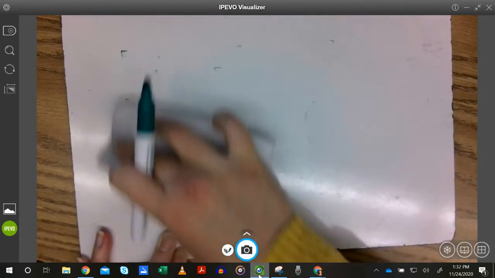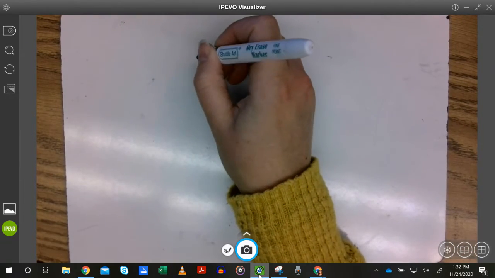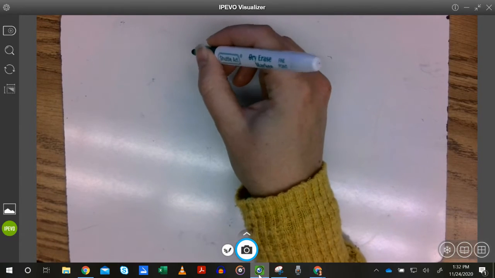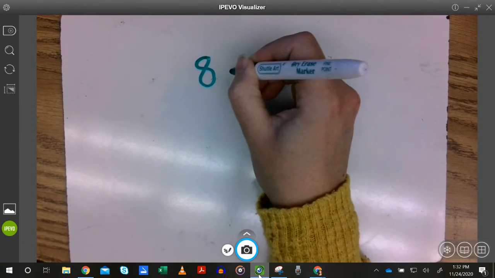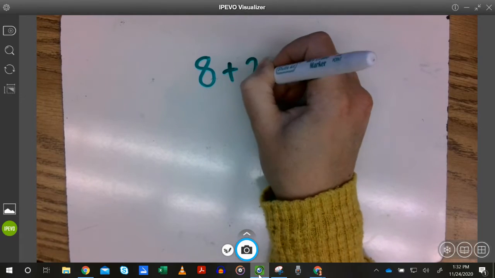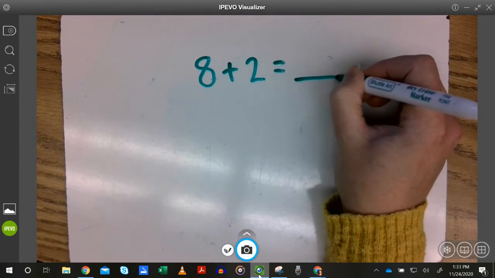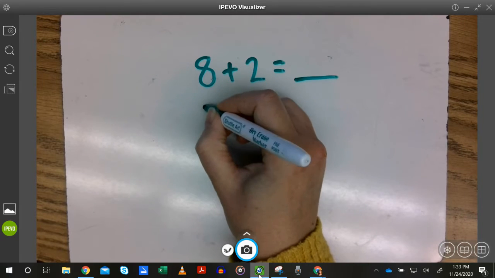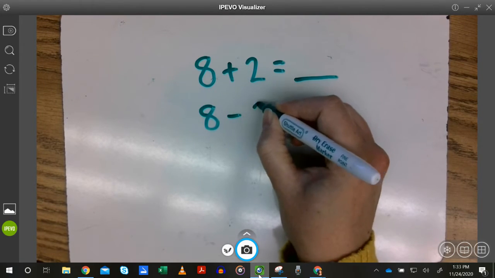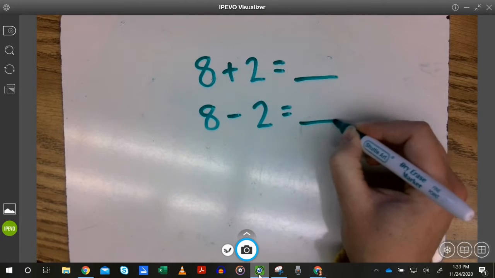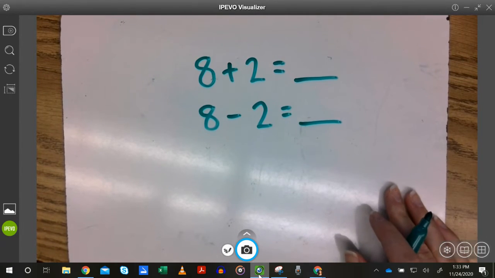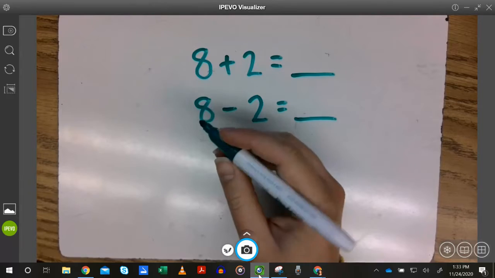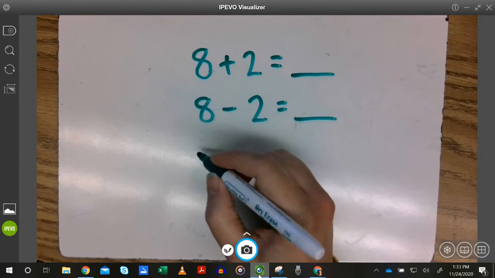Okay. Let's do some more addition and subtraction. If I write down an addition fact, 8 plus 2 equals blank, and I write down a subtraction fact, 8 minus 2 equals blank, and I want to ask, are these facts related?